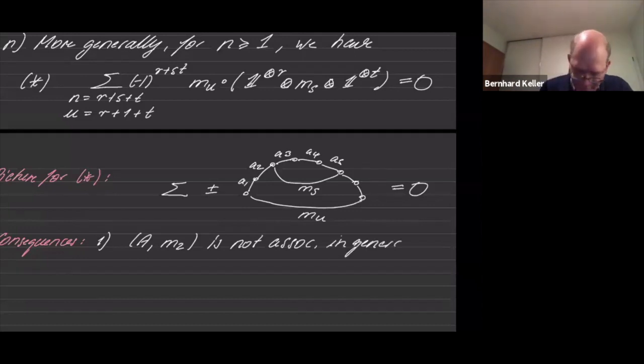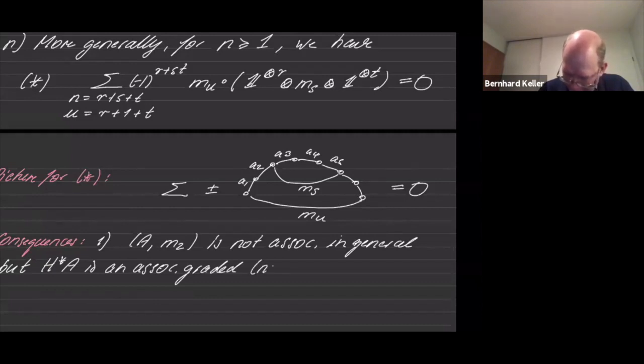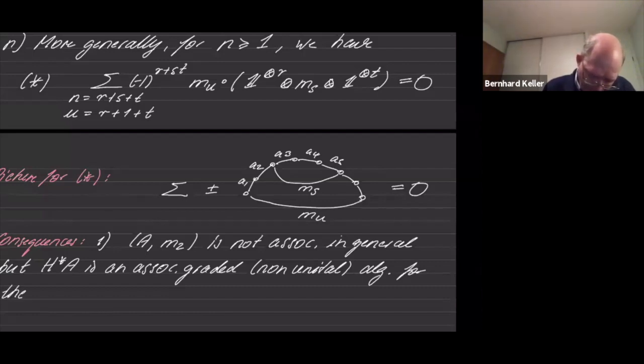But up to homotopy it is, and in particular in homology we get an associative, graded, well, non-unital in general, algebra for the multiplication induced by M2.